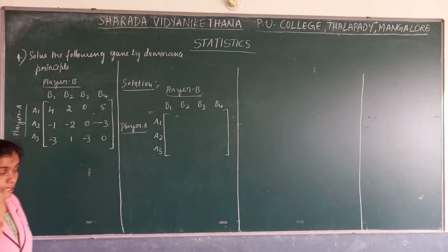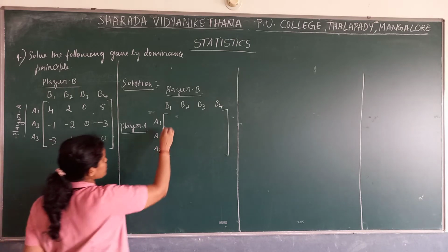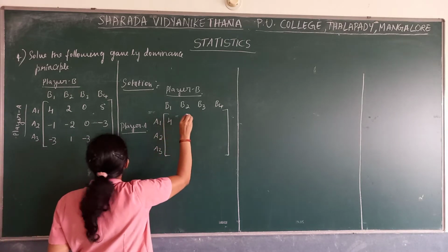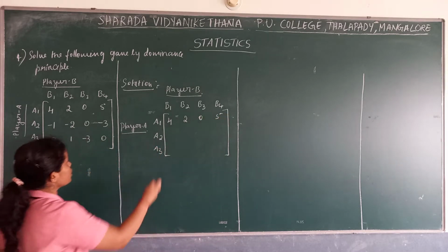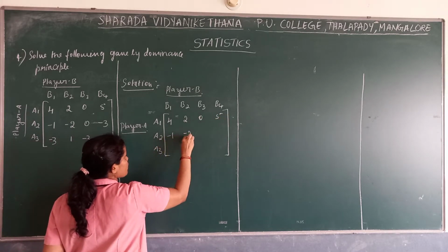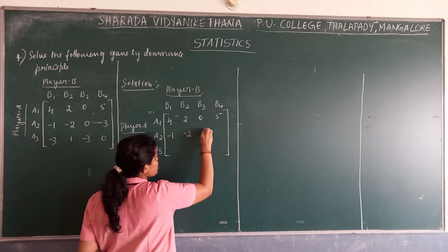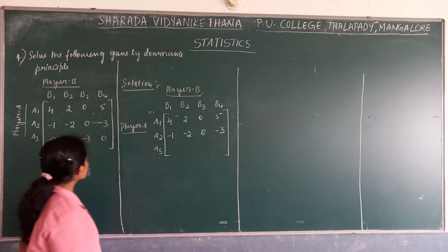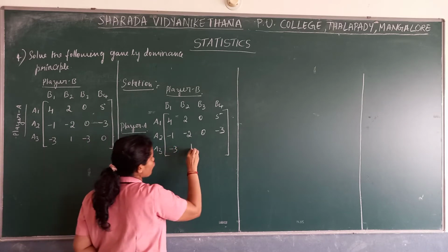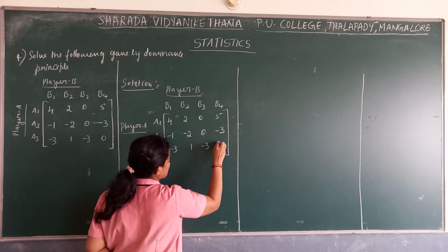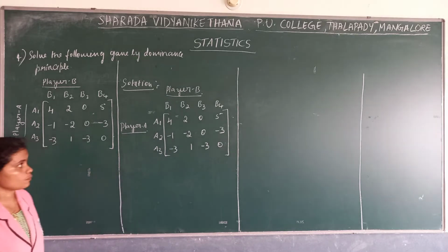Now write the payoff matrix: 4, 2, 0 and 5. Here -1, -2, 0, then -3, and last comes -3, 1, -3 and 0.